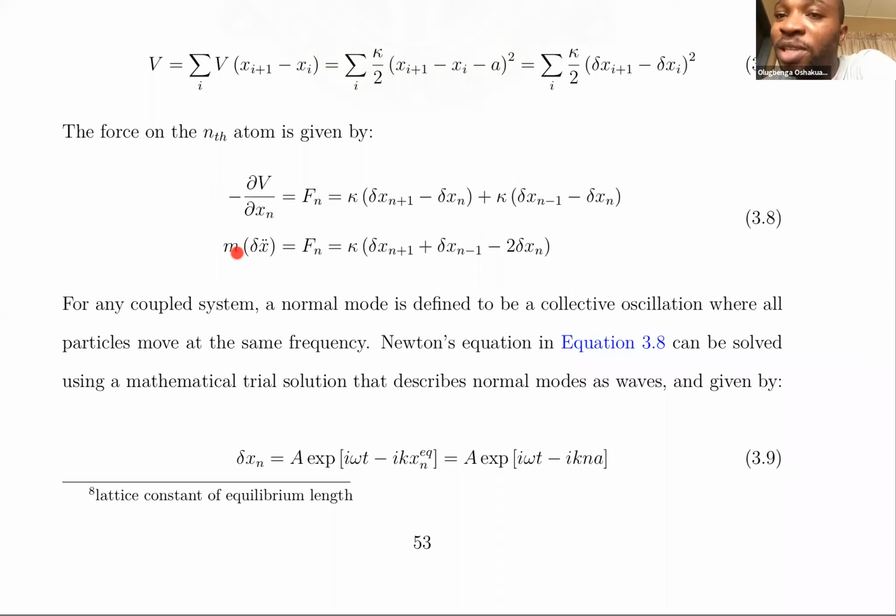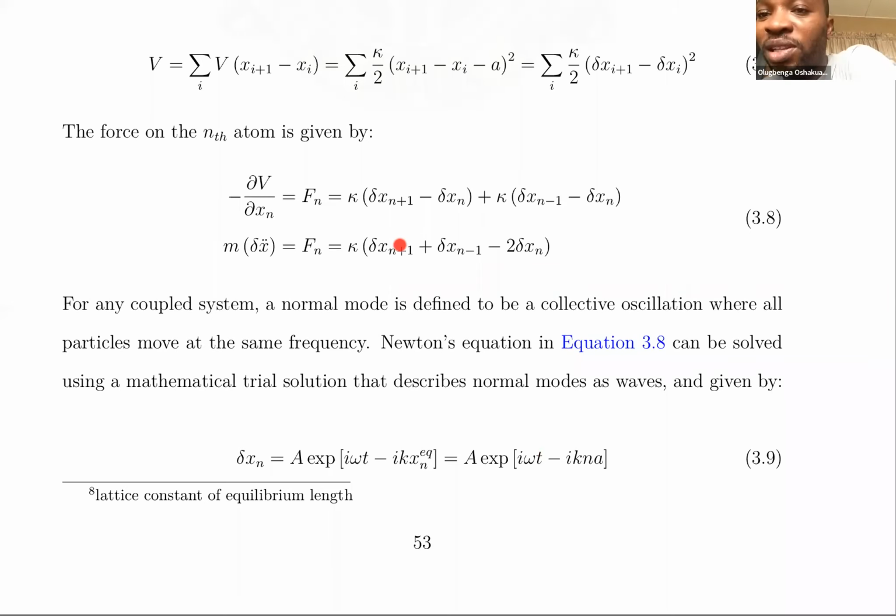You would have minus m omega square a, all this, and this expression again. And you can also come here to say that in place of delta x n, you want delta x n plus 1. So wherever you have n here will become n plus 1, and you put it to represent delta x subscript n plus 1 here.